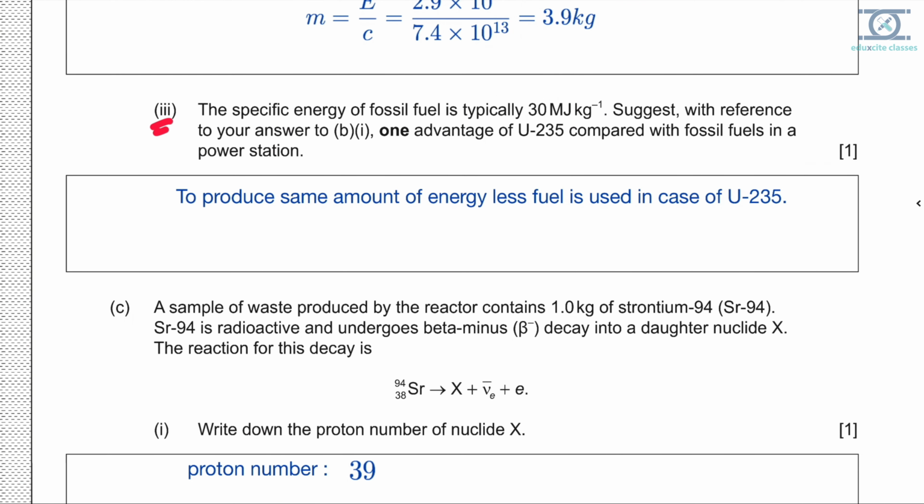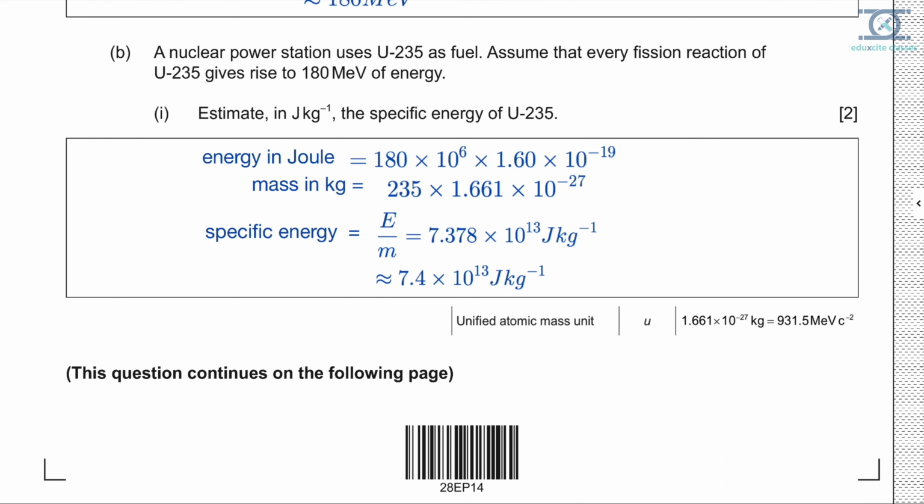Now the third part: the specific energy of the fuel is 30 megajoule per kg. With reference to your answer in the first part, state one advantage of uranium-235 compared with the fossil fuels in a power station. You can see the value we are getting per mass is 7.4 into 10 raised to power 13 joule of energy by 1 kg of uranium, which is a very huge amount.